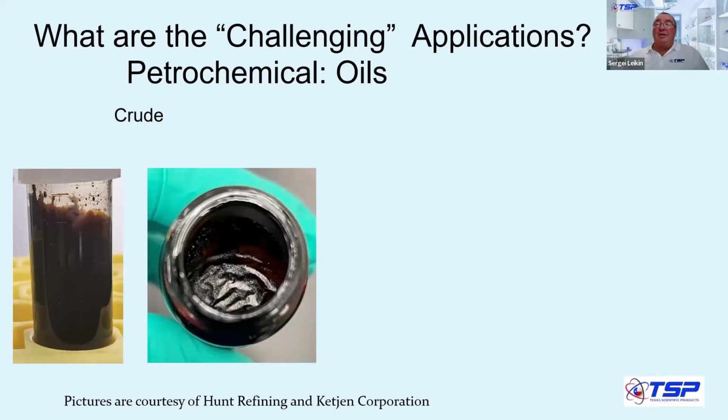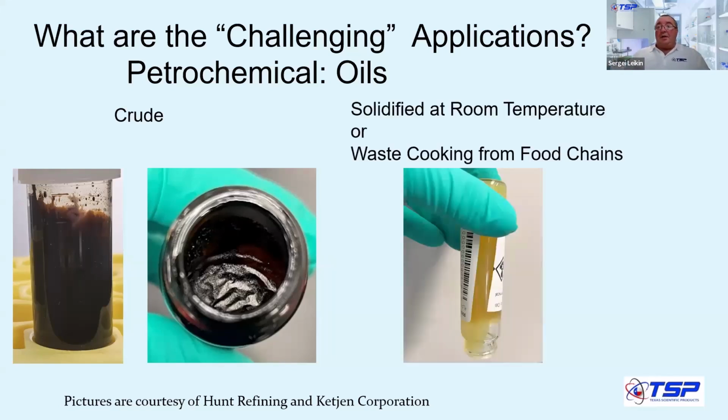Crude oils, you look at that and you don't just see the consistency, which is pretty rough, right? It's a color, but there are also some particulate and things like that. There are other types of oils, also in petrochem, that are even solidified at room temperature.